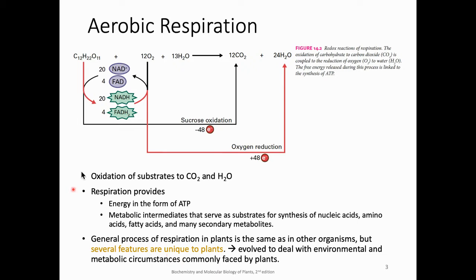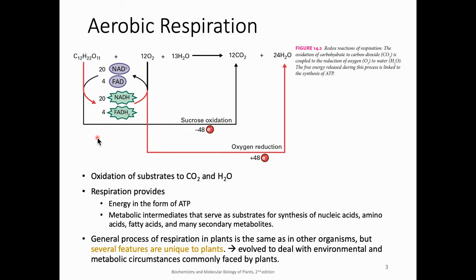Actually, I should mention this first. In all organisms, we need to use oxygen to do aerobic respiration, except some bacteria that can live without oxygen. But most organisms need oxygen, and we do aerobic respiration.